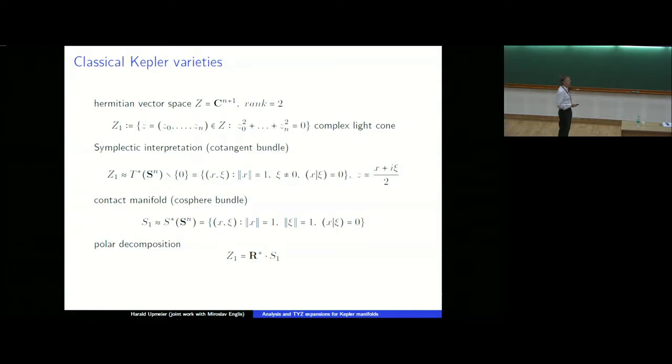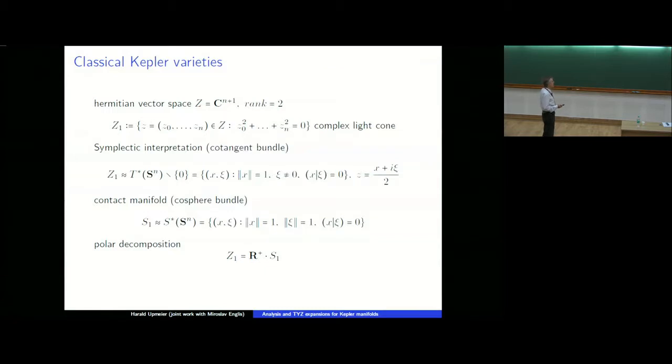For the cotangent bundle, the condition is that they are perpendicular: the inner product of x and xi is 0. It turns out if you make this complex, so if you write z equals x plus i xi halves, then you get precisely the condition z_0 squared plus ... plus z_n squared equal to 0. So it's a canonical identification between Z sub 1 and the cotangent bundle.